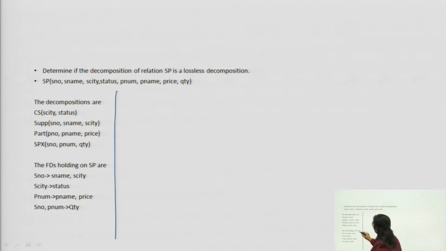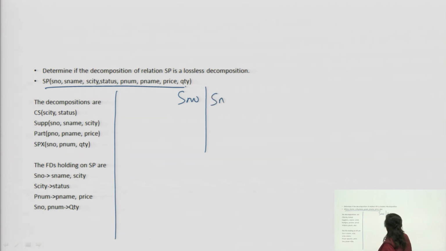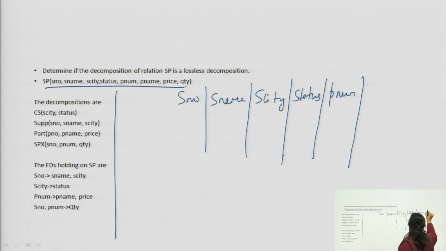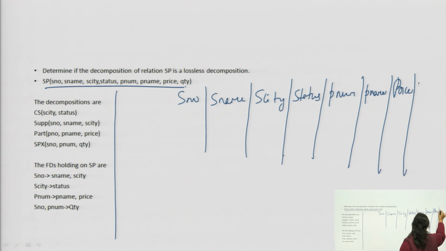Let us quickly take up one more example. We can take this one. This is the original relation, these are the decompositions and these are the functional dependencies. So, what do we have here? We have SNO, SName, SCity, status, pnum, pname, price and quantity.